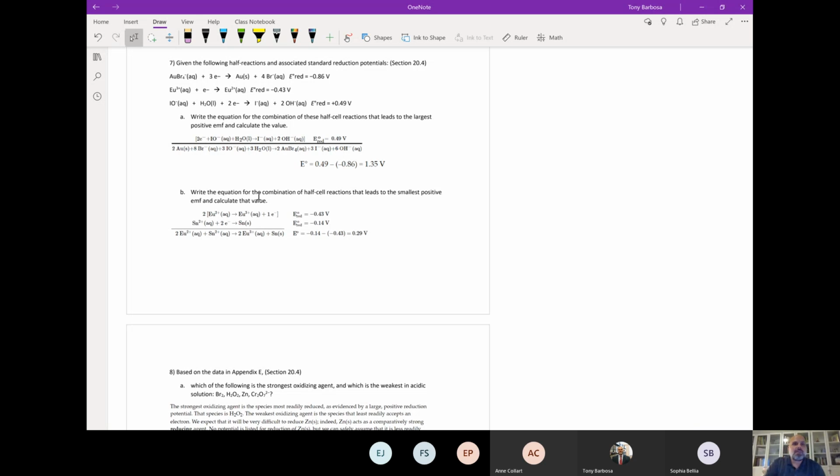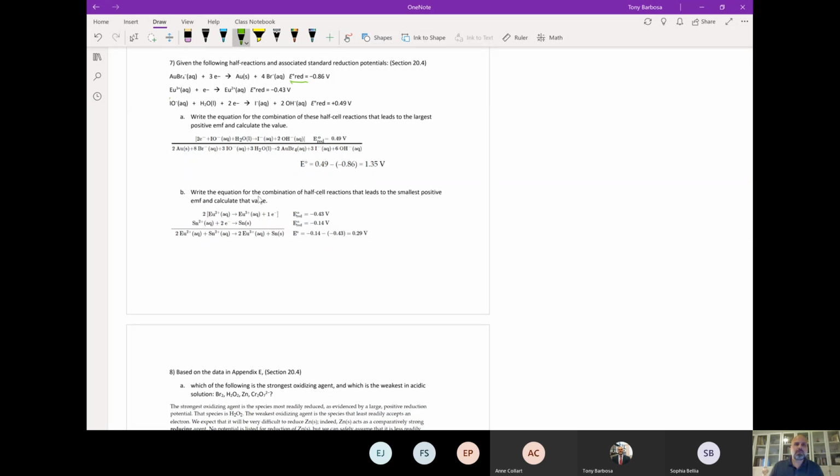All right. Number 7 says, given the following half reactions and associated standard reduction potentials, where you have this gold tetrabromide anion plus 3 electrons goes to gold as a solid plus 4 bromides, and you have a standard reduction potential of negative 0.86.